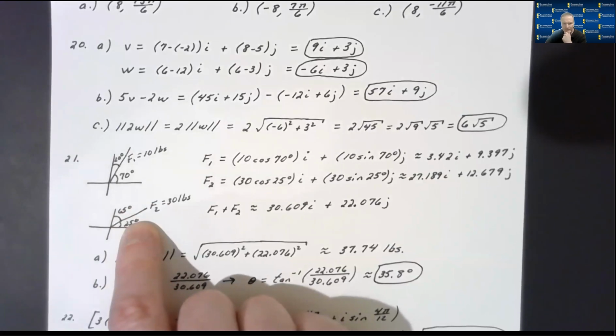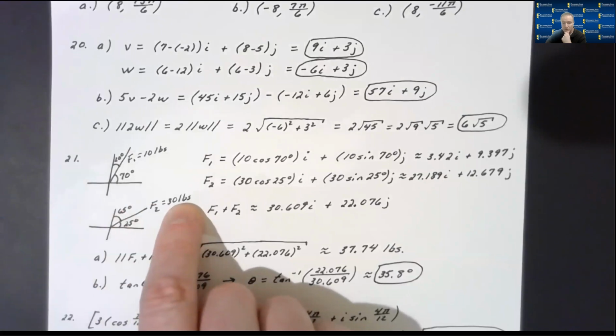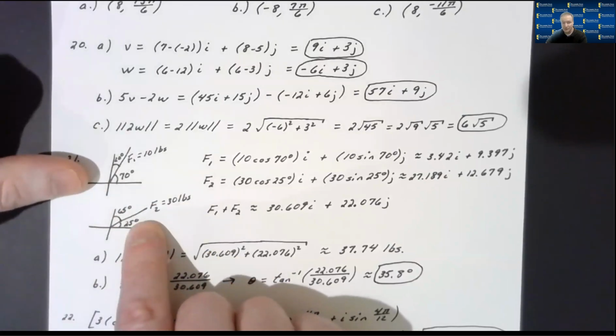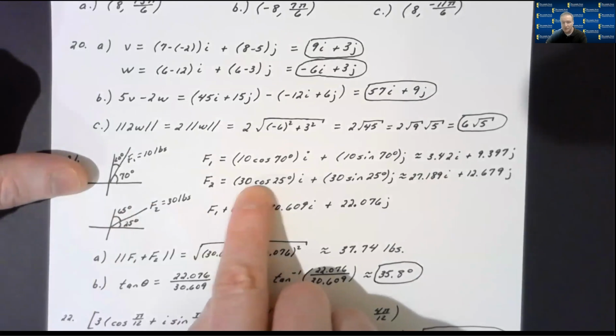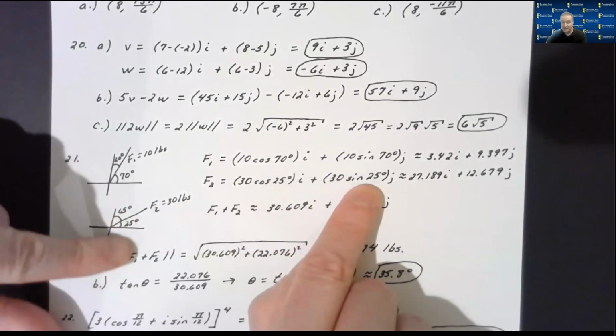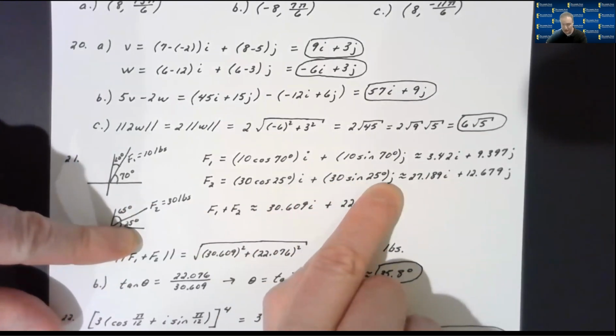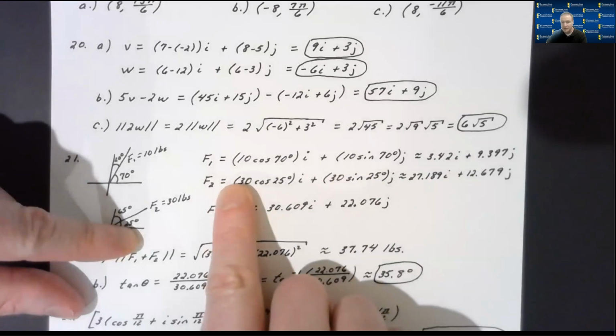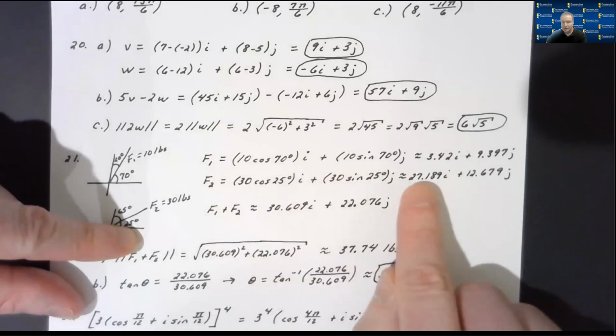So what's the horizontal component of that force? It's the magnitude of the force times the cosine of theta. So the coefficient of i is 30 cosine 25. The coefficient of j, the vertical component, is going to be 30 times the sine of the angle theta, which is again 25.